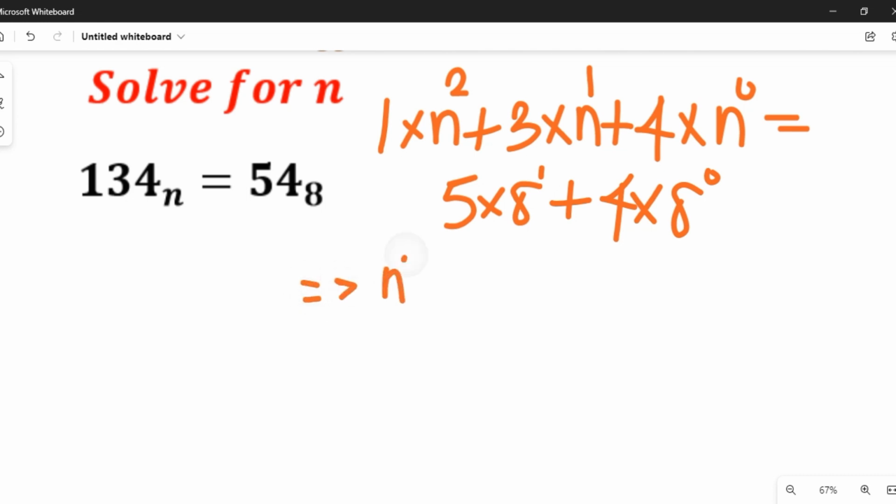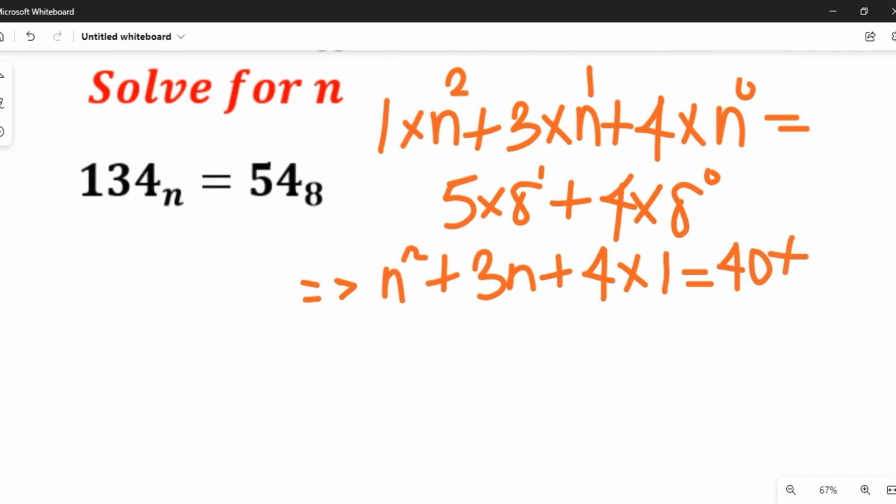This will be n squared plus 3n plus 4. Anything raised to power 0 is 1, so that will be equal to 5 times 8, which gives us 40, plus 4 times 8 raised to power 0, which is 1.